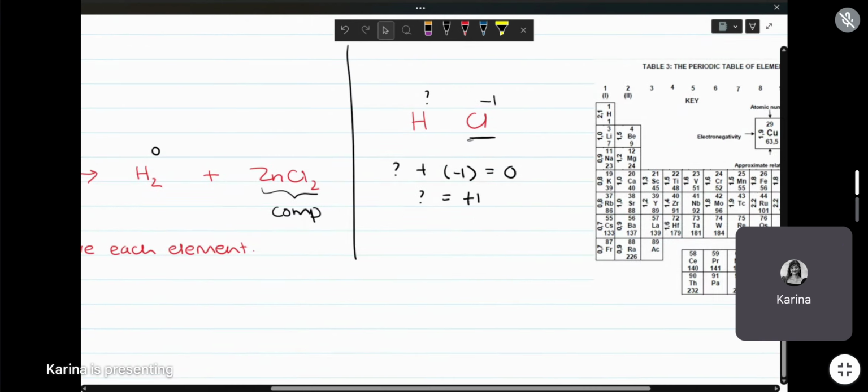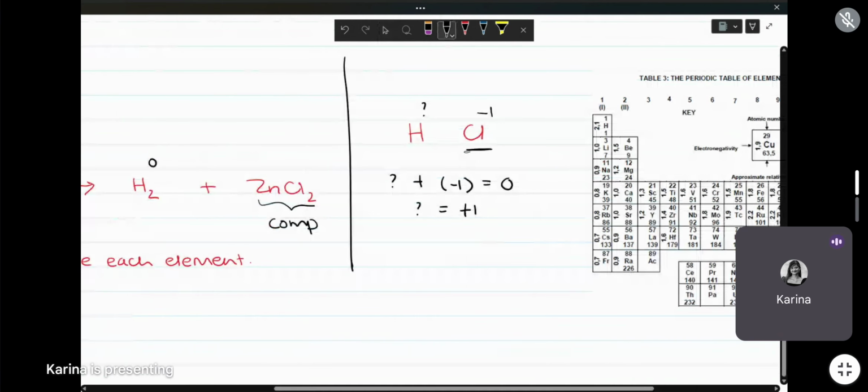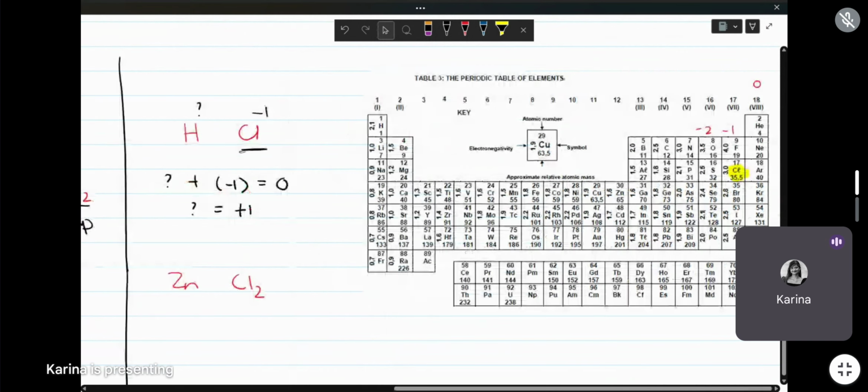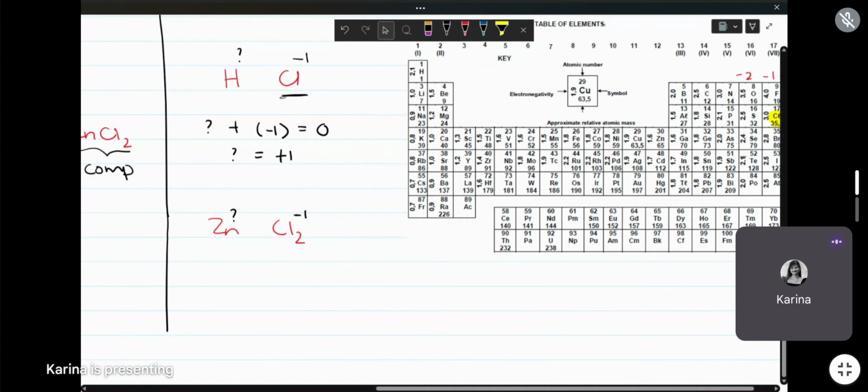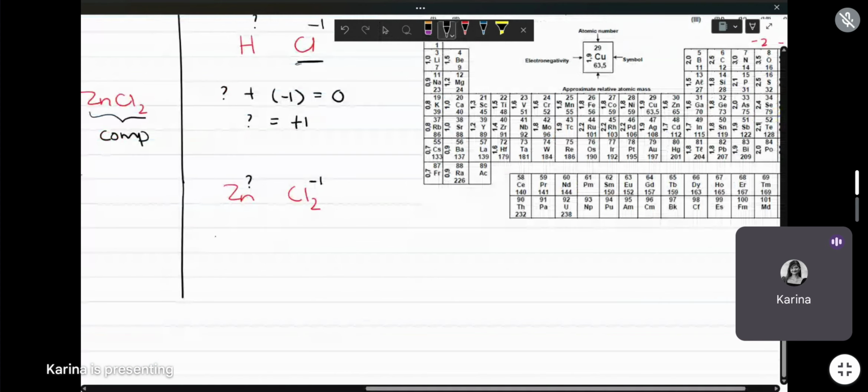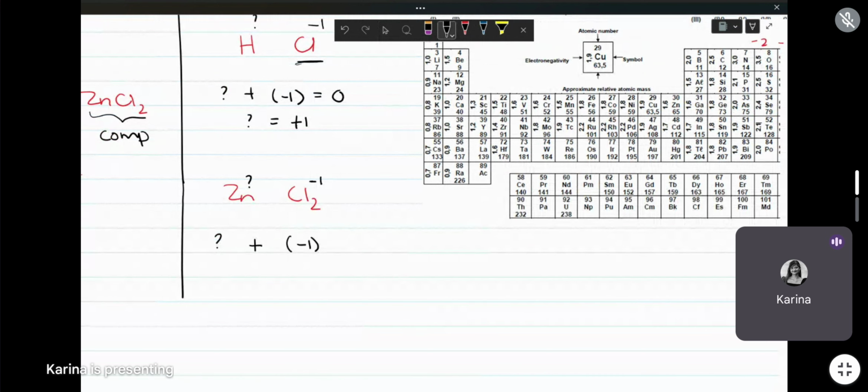Okay, then let's look at zinc and chlorine gas. Remember now you've got 2 chlorine elements here. So same thing, we're going to look for chlorine. From our periodic table, we know chlorine is a -1. And we don't know what zinc is, but if we add both, we must get 0. So let's be careful. We've got an unknown plus, and we wouldn't just say -1 because we've got 2 chlorine atoms.